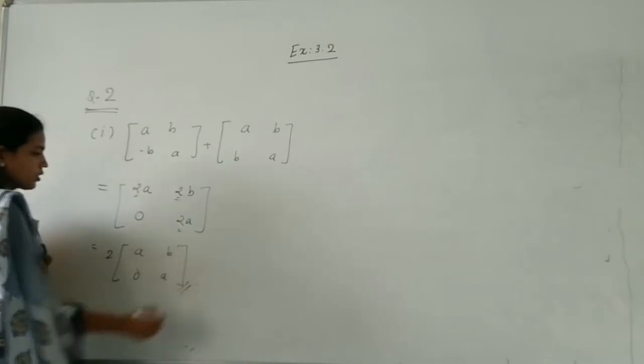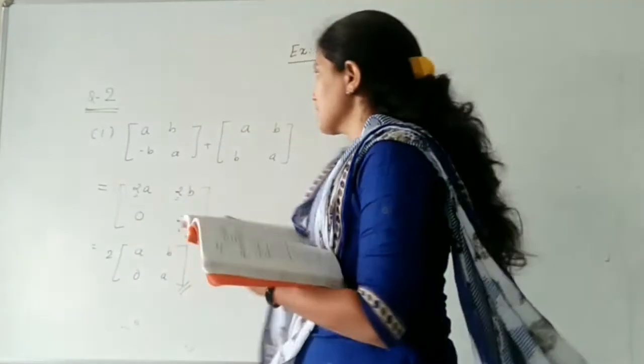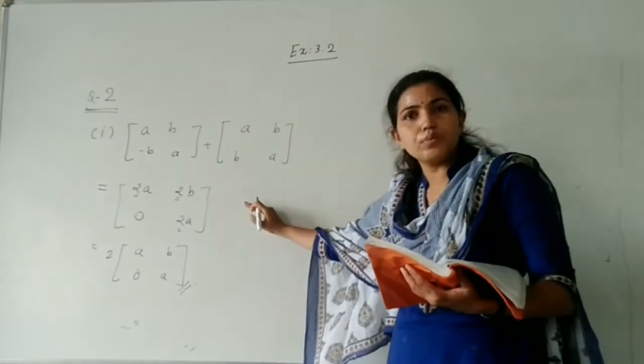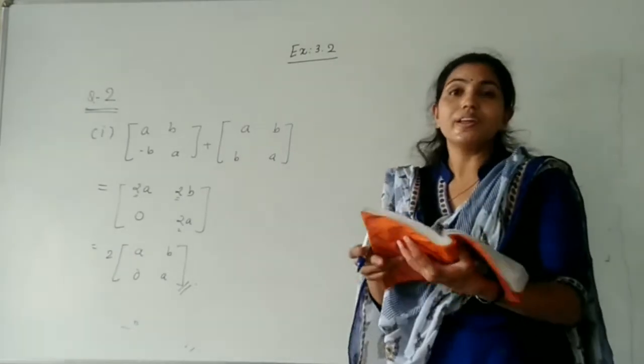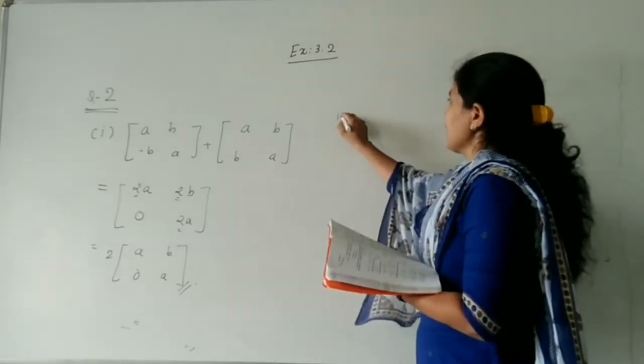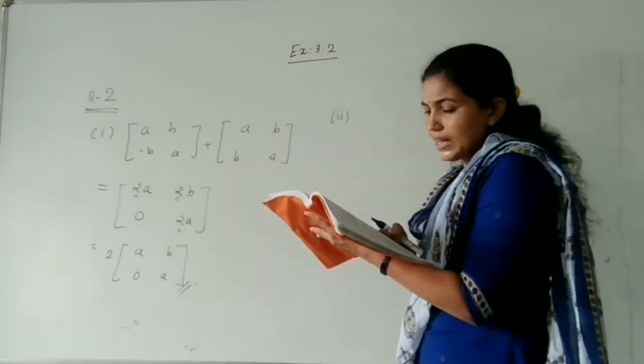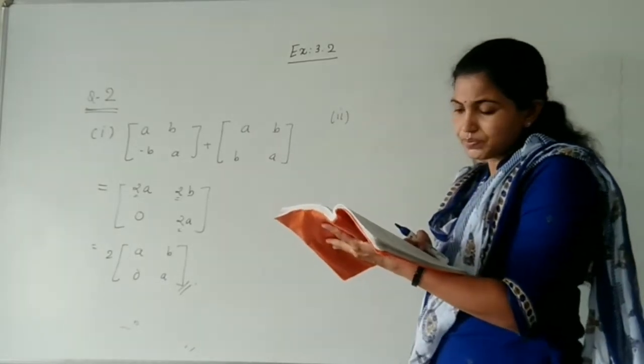This step is not compulsory. If you want to do it, then you can. Otherwise, okay. So this is an easy question. Question number 2, part 1. Addition is very easy, students. You can easily understand. Now second.